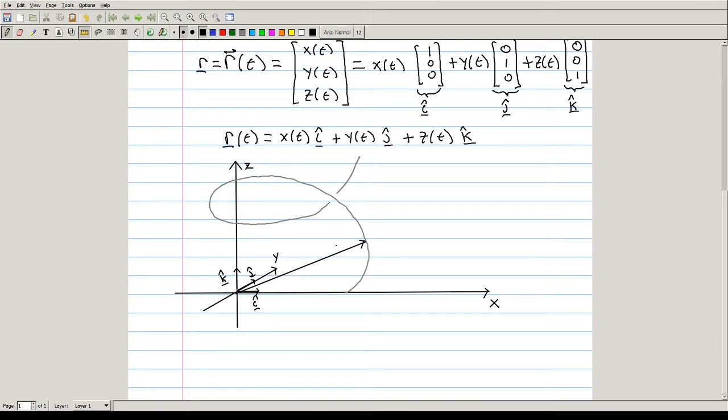So for example, this vector right here would be r evaluated at t1.